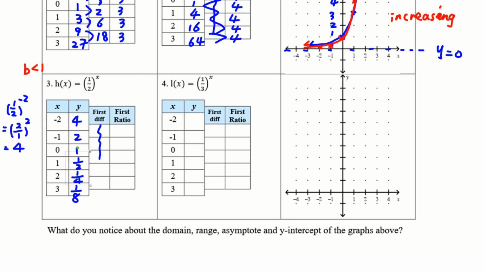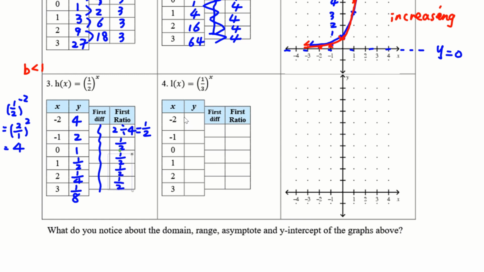The first difference is not going to be the same. The ratio is division: 2 divided by 4 gives you 1 over 2, and 1 divided by 2 is 1 over 2. So it will be the same as the base.